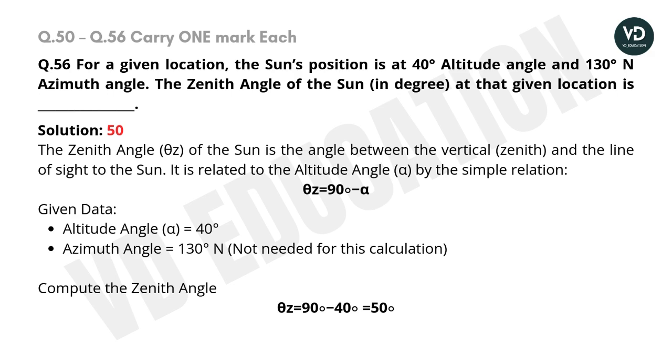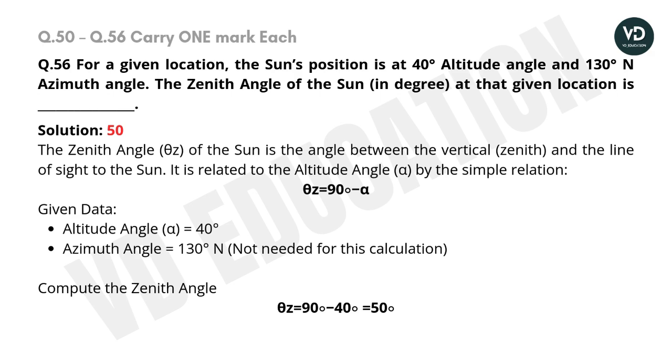The zenith angle of the sun is the angle between the vertical zenith and the line of sight of the sun. It is related to the altitude angle by a simple relation. Here we can see the formula. Zenith angle equals 90 degree minus altitude angle.